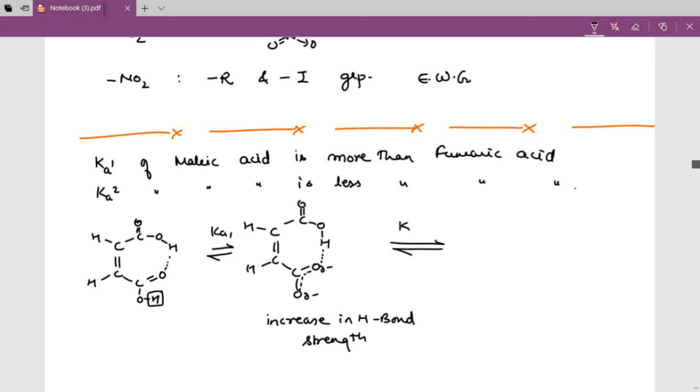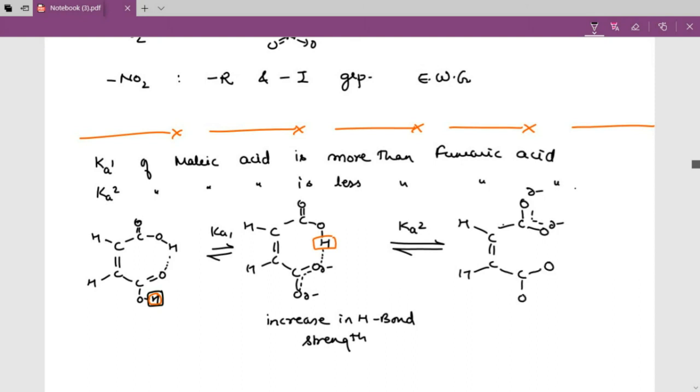If I now compare for Ka2, and I want this H plus to be removed, then when I do the same thing, this is becoming delta minus, delta minus.